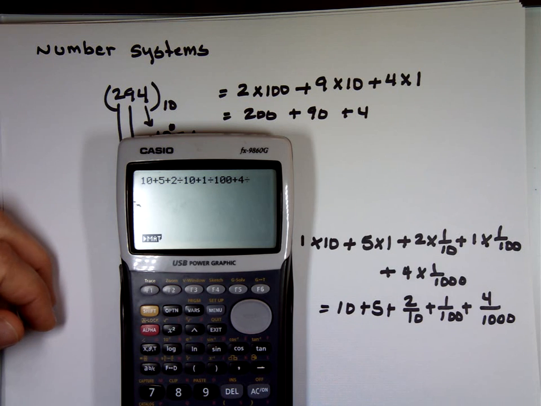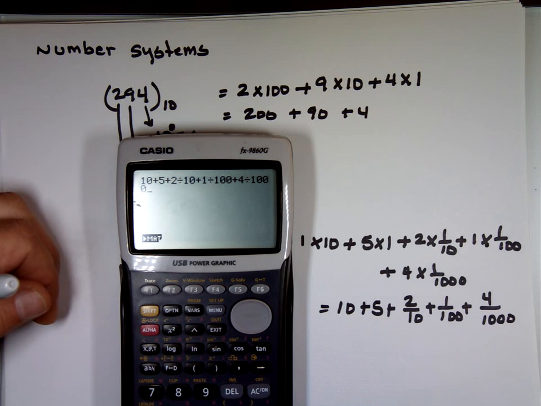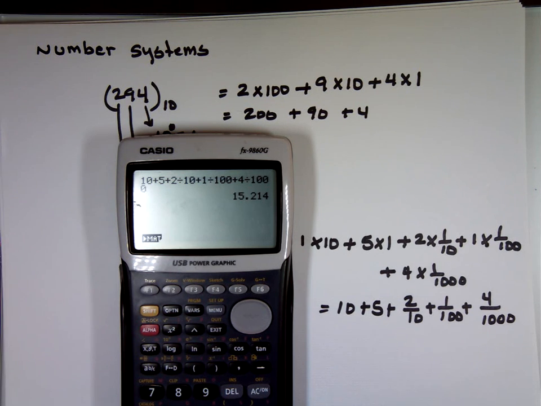Plus 4 divided by 1,000, 15.214, what we started with.